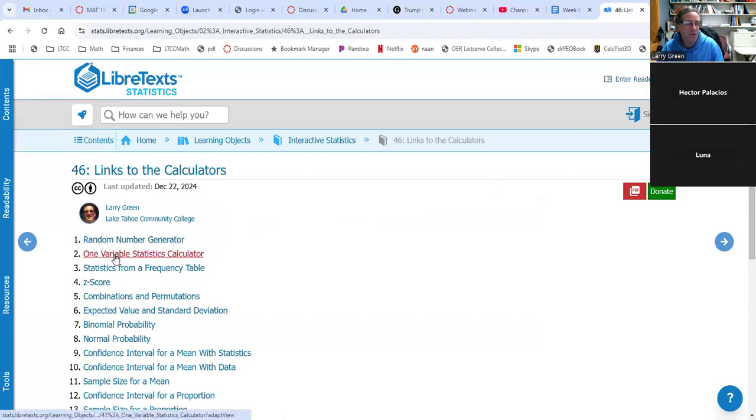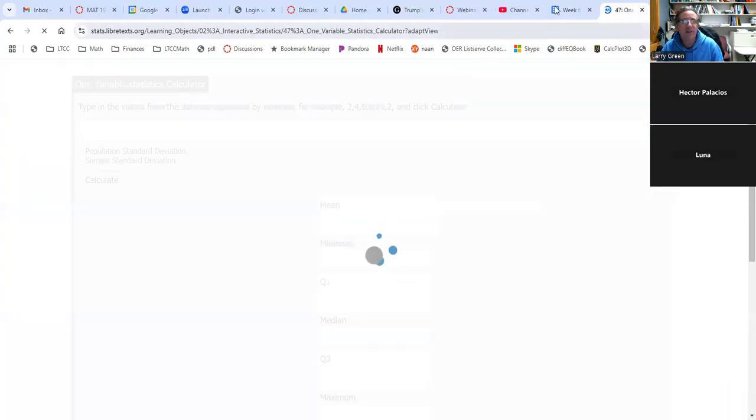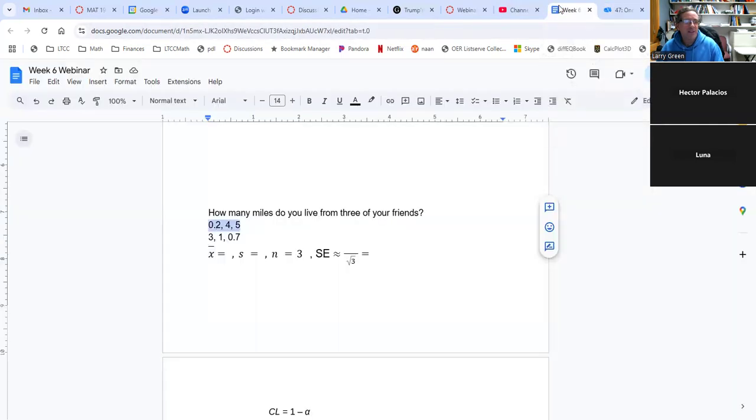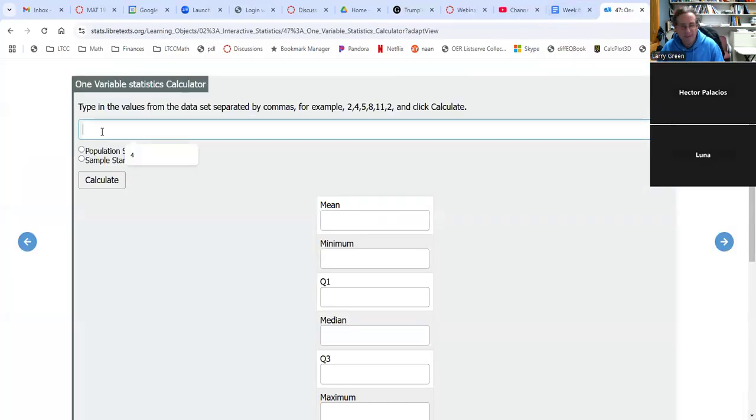I'm going to go to one variable stats, and we have 0.2, 4, and 5. This is a sample, a sample amongst all your friends, and I'm going to assume you have dozens of friends. And I'm going to hit calculate.